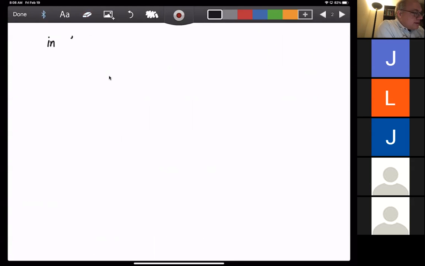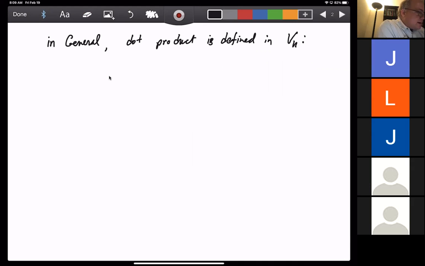In general, the dot product can be defined for vectors in any dimensional space you want. So in n-dimensional space, let's use x and y for the vectors.